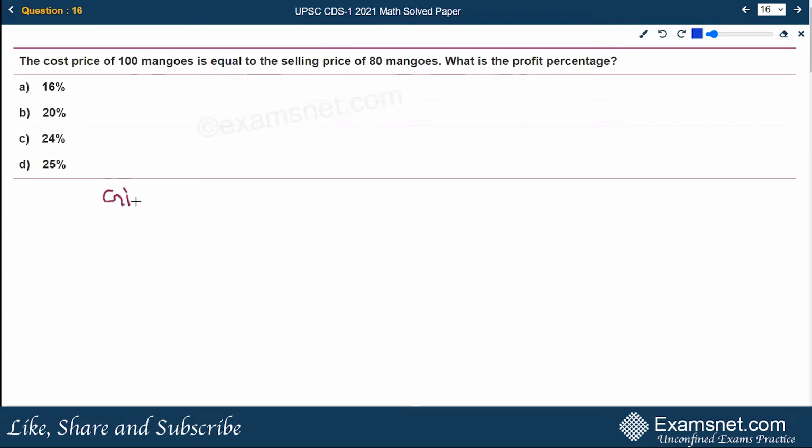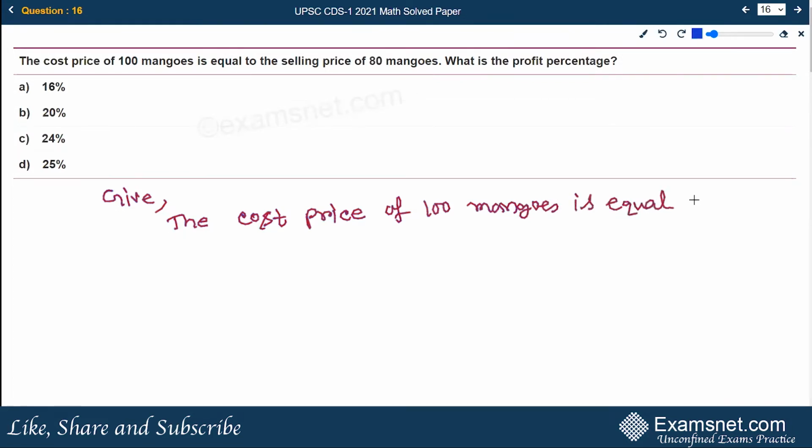Let me note it down that the cost price of 100 mangoes is equal to the selling price of 80 mangoes. Okay, correct, that is being given.